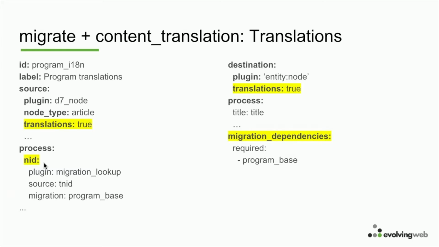So we specify a node ID, and we use the migration lookup plugin to refer to the base translation node that we imported in the previous migration.